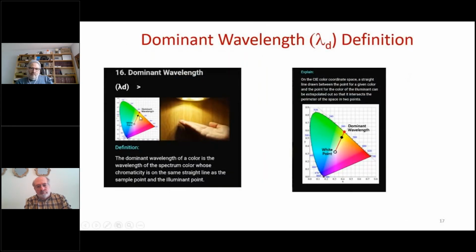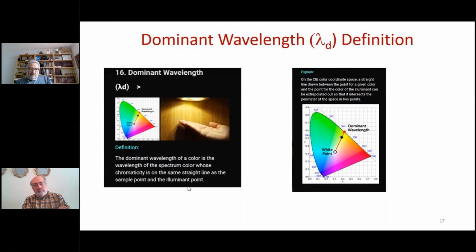So in this case, the point was here. We joined that to the center of the cone, and then we extended it till it hits the boundary, and that will be the dominant wavelength. This basically represents, if you're looking at a light that has many different colors, which color it is more tending to.